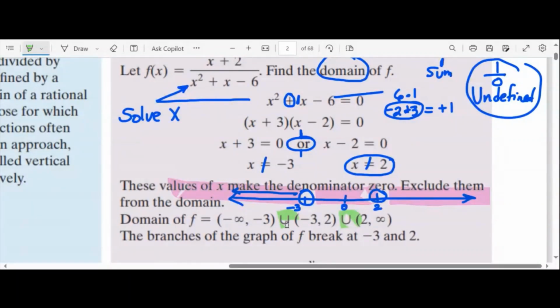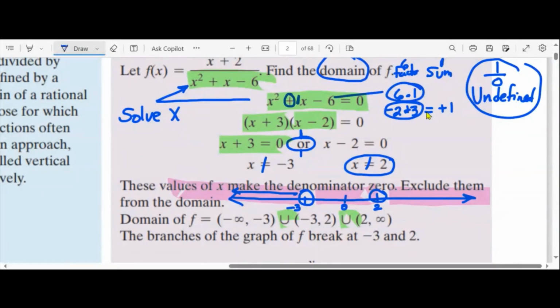Up to here is clear? One more time, the first thing: you take the denominator and you make it equal to 0, and then you factor. So what are the factors of 6?